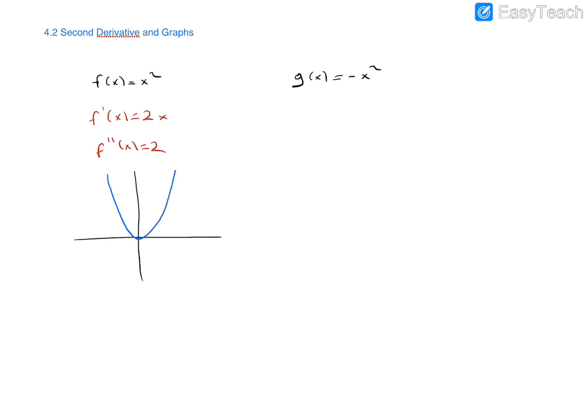As you see, the graph of x squared goes up. This shape is called concave up, okay? Here, the derivative of f is increasing.